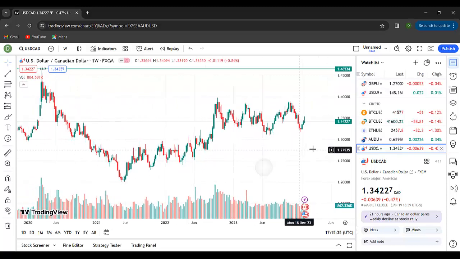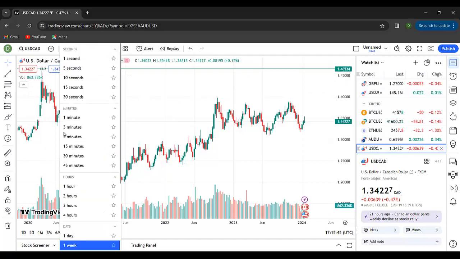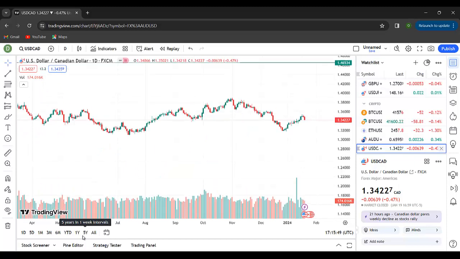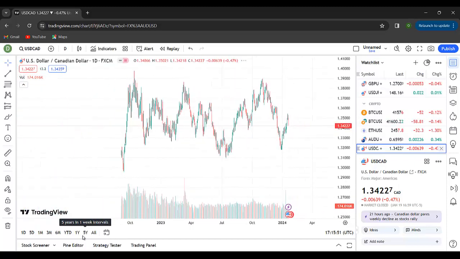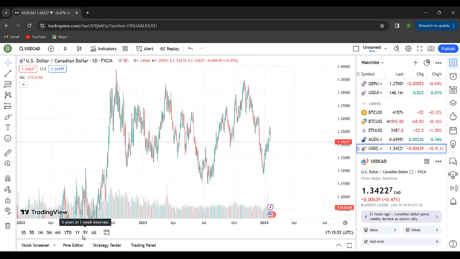So yeah, let's see if it will be more detailed on the daily time frame. On the daily time frame, there's an obvious consolidation.